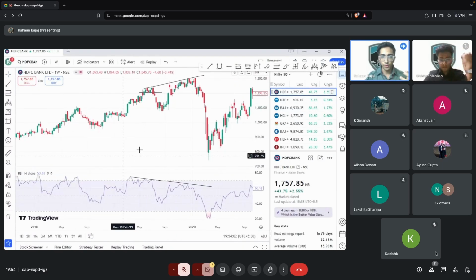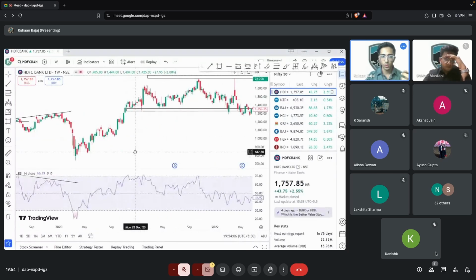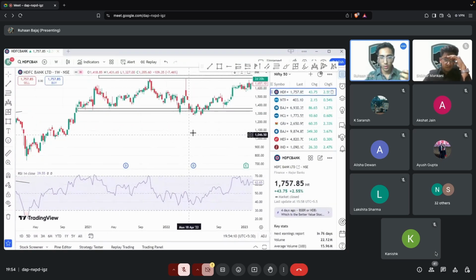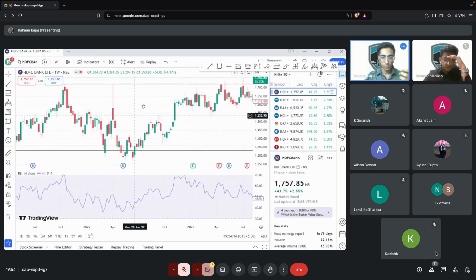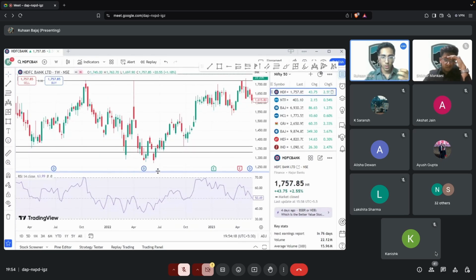This can be used on the opposite side for the buy side. I'll show you if there's some example present here. Yeah, I have an example here. What happens here is the stock price makes a new low.